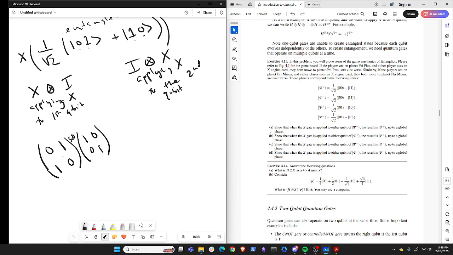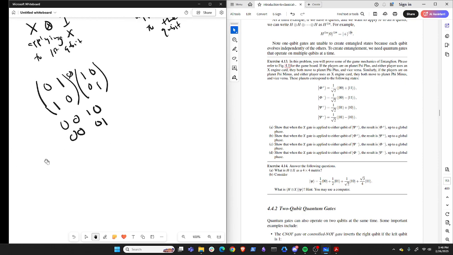So we've got 0 times our identity matrix, so that's going to be all zeros. 1 times our identity matrix, that'll be 1, 0, 0, 1. 1 times our identity matrix will give us 1, 0, 0, 1. And then again, all zeros here. So that's what X on the first and I on the second looks like in matrix form.